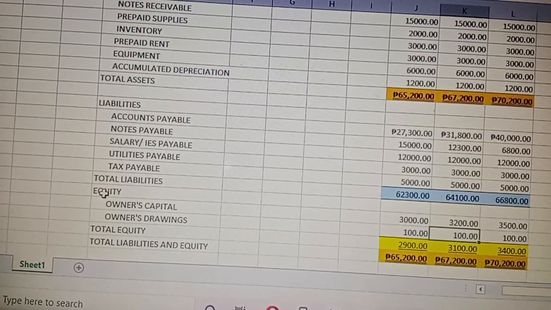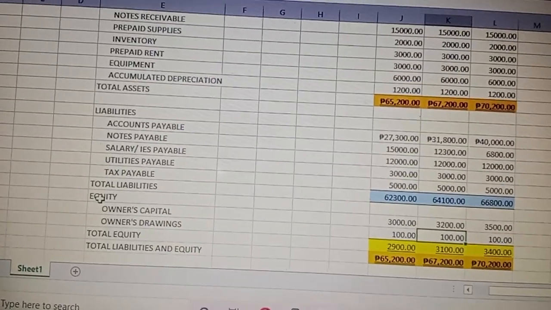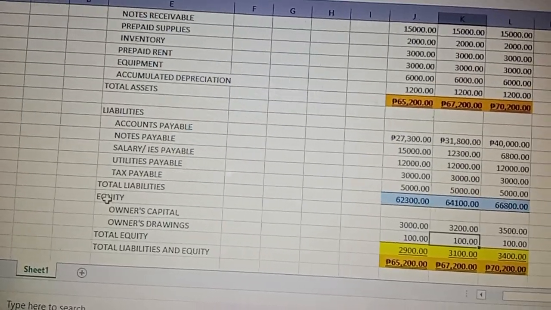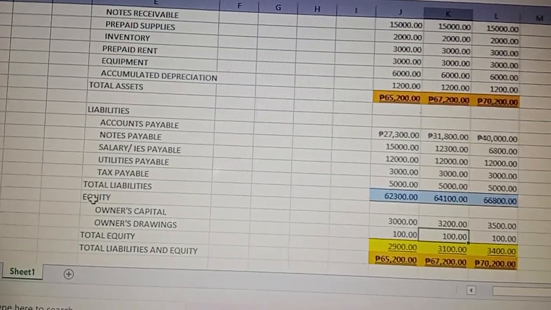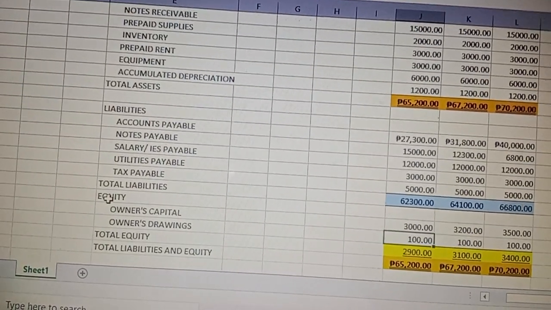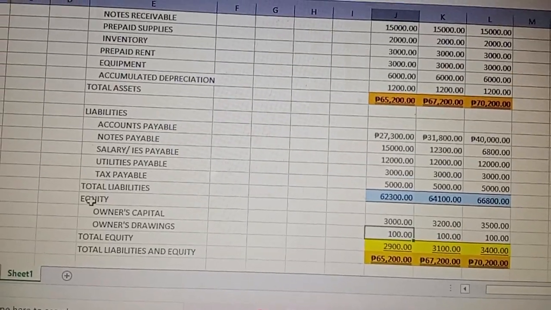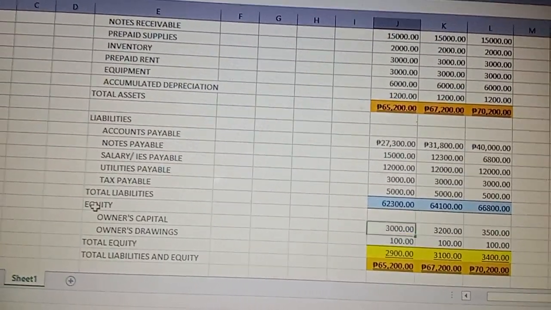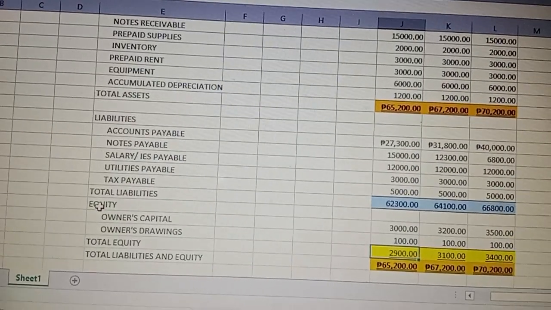You may not want to have any, but it's impossible because it can happen sometimes that you take from the business operations at least 100 pesos, which is called owner's drawings. Then you sum them up. By the way, the owner's drawings, or the withdrawal of money from the business for personal use, are deducted from the capital. So it's 2,900.